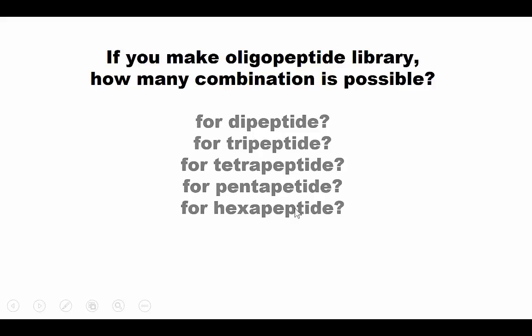Now let's think about the molecular weight of this pentapeptide. In the class we said the average molecular weight of one amino acid, do you remember? It was about 120. Then if it is a pentapeptide, what would the molecular weight be? It's 600, right? So 600 is a little bigger than the Lipinski rule of 5.